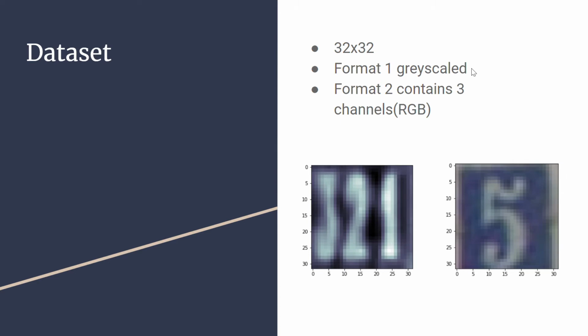The basic characteristic of both of these formats is that they are 32 by 32 in size. Format 1 is grayscaled, and the second format is in three channels, red, green, and blue.